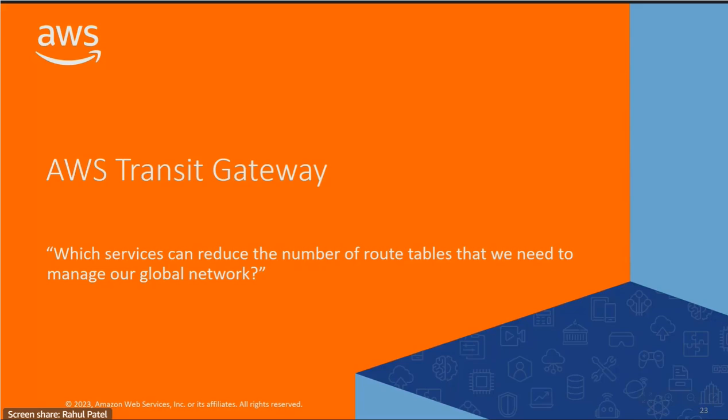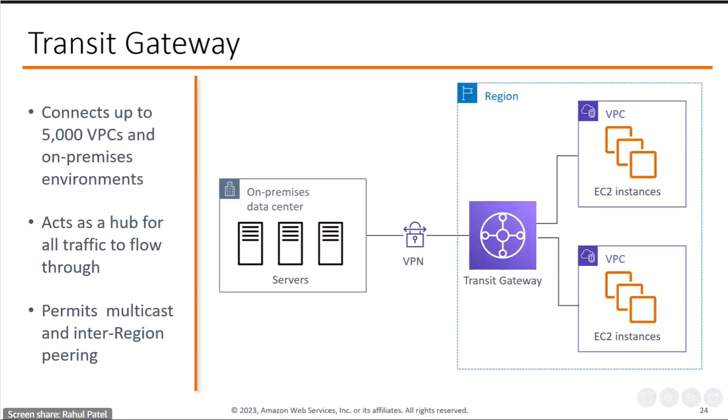So for that, we can use transit gateway, which is going to act as a hub. Here you can see that with this transit gateway, we are connecting multiple VPCs as well as our on-premises network. With a transit gateway, you can connect up to 5,000 VPCs and on-premises networks.